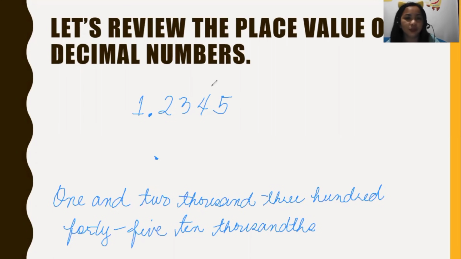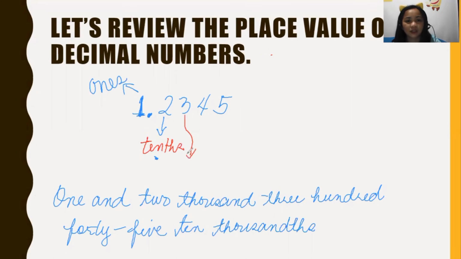Now, let's review the place value. So, since ito, whole number siya, ang place value niya is ones. Siya yung ones digit. And after the decimal are the decimal digits. The place value of 2 is tenths.